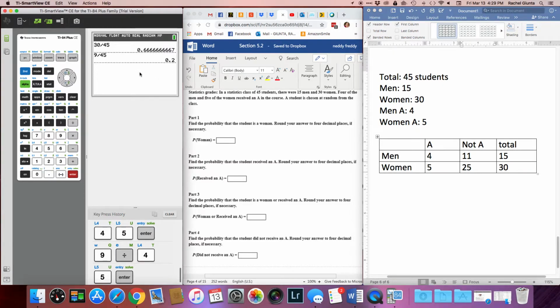So then we'd go 4 plus 5 plus 25 is a total of 34 people that are women or received an A. And then we'll divide that by our total people in the class, 45, to get 0.7556 when we round it to 4 decimal places.